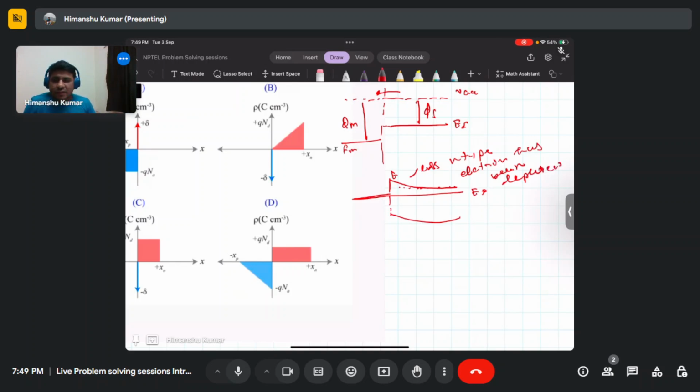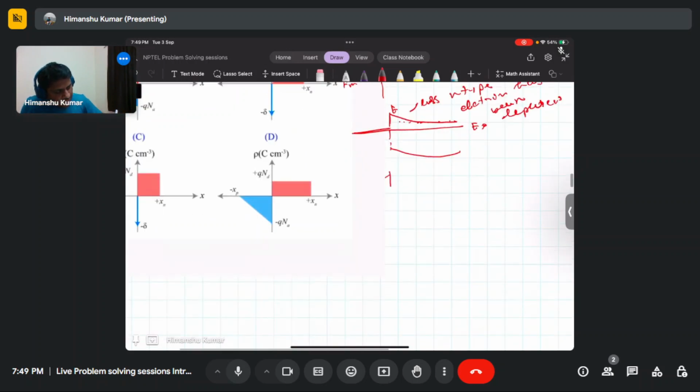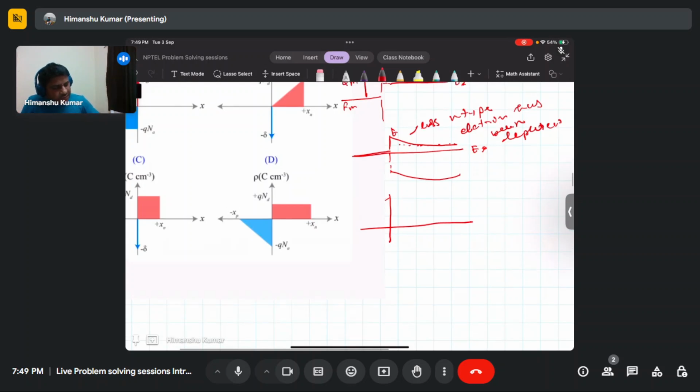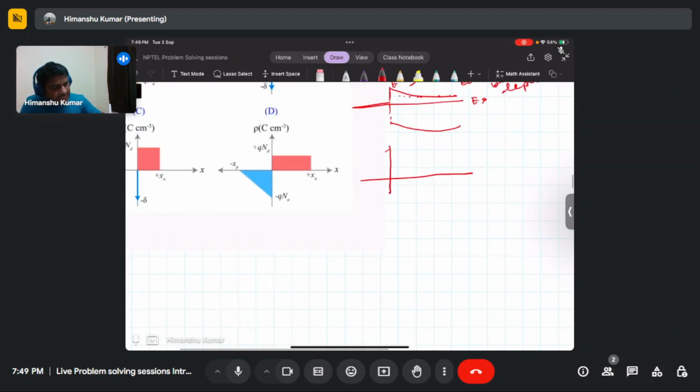So electron depletion has taken place, and if you consider a uniform doping, then the electrons transferred to the metal side accumulate at the interface. So you can draw the charge picture.